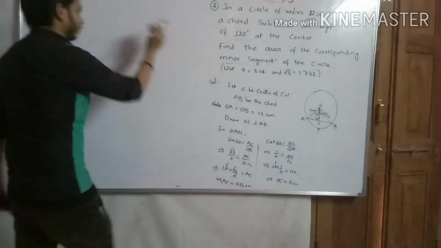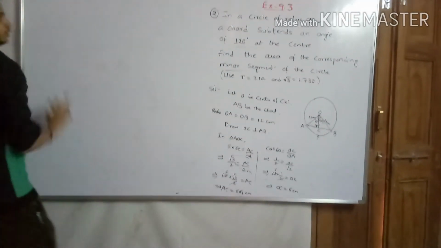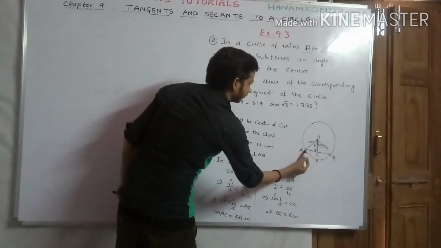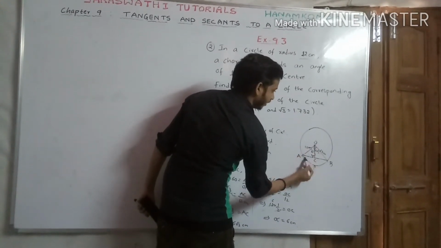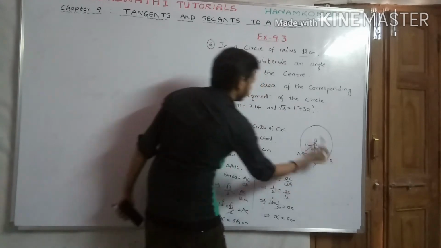Okay. Now, in order to get the area of this segment APB, we have to subtract the area of triangle AOB from the area of sector.